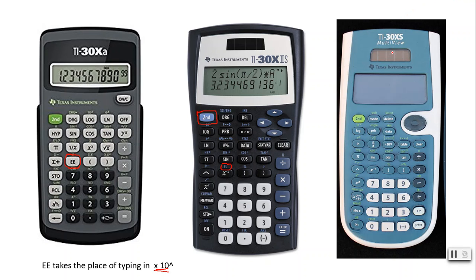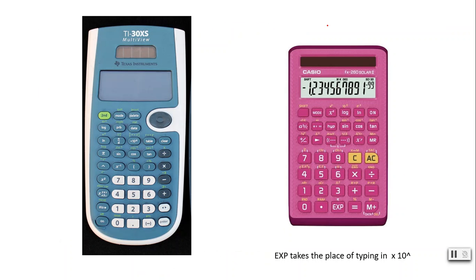On the 30X MultiView, they don't have an EE or an EXP button, but they do have a times 10 to the n button. So that's the button that you will use when entering things in scientific notation. So these are the three most common TI calculators out there and where those buttons are for scientific notation.